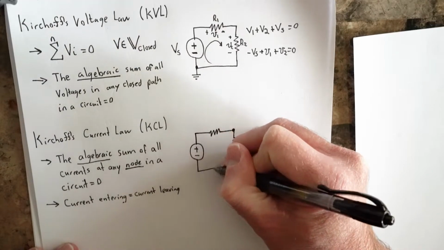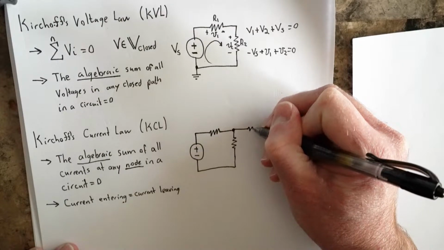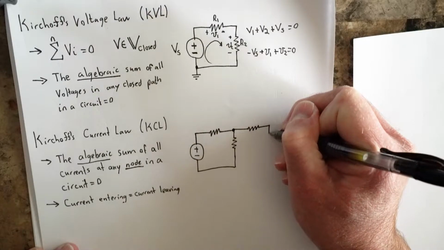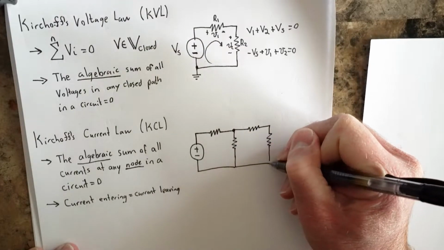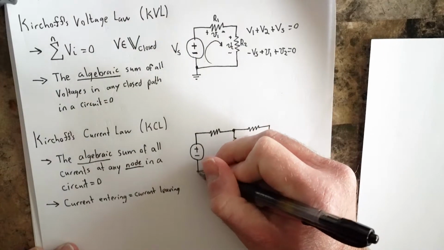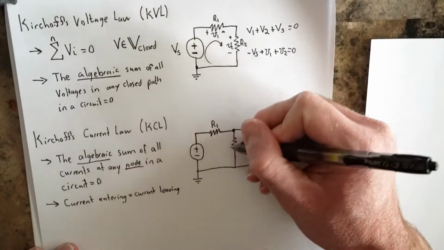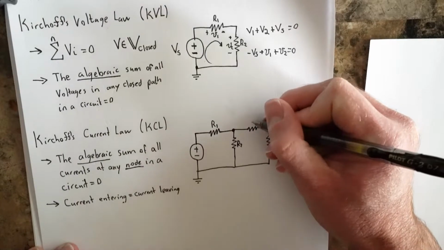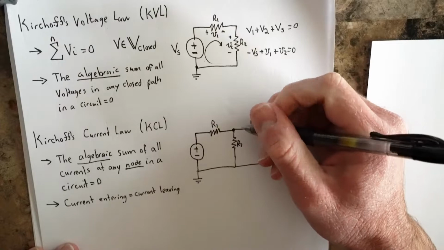Okay, so let's add in, close this loop off here, and then let's add in another loop here. Now, tie this off at ground. We'll call this R1, R2, R3, and R4.